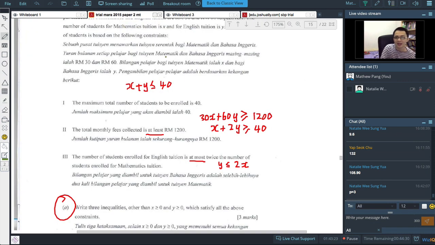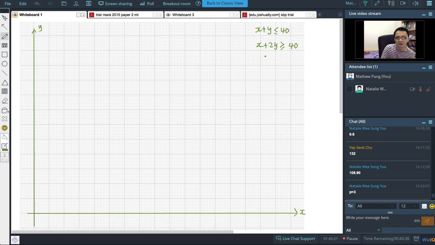And then the last one is Y less or equal to 2X. Then just draw these lines.